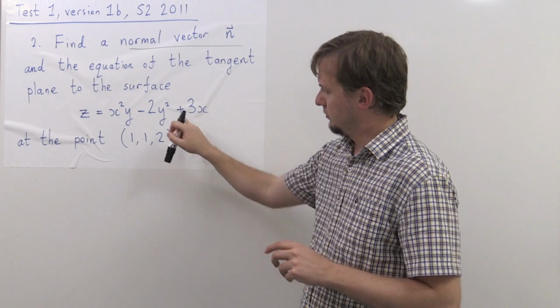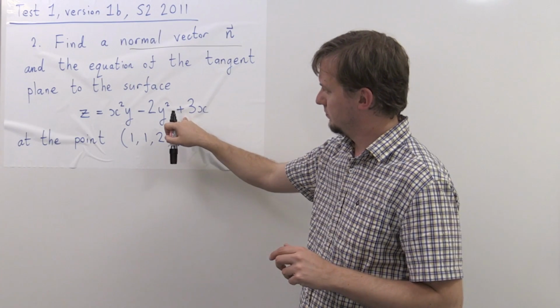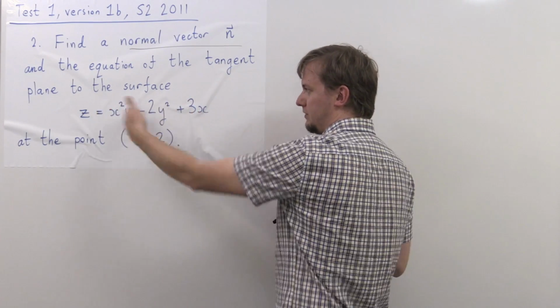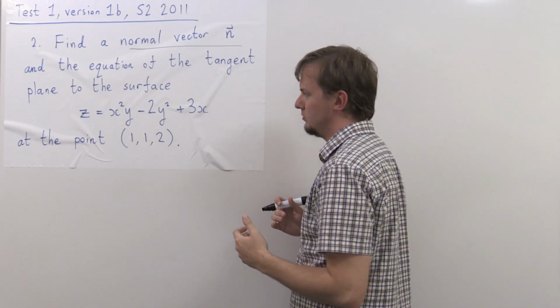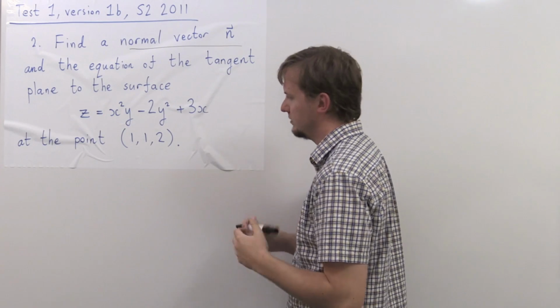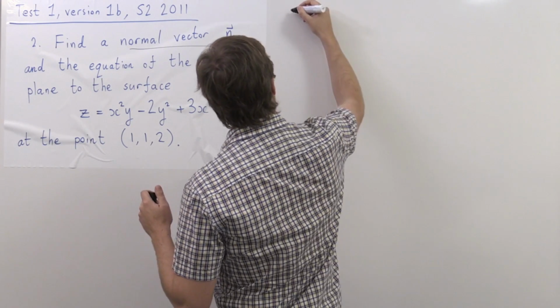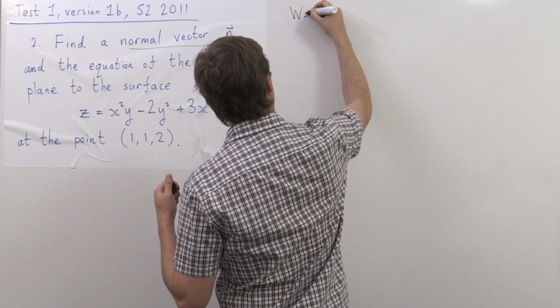The technique I'm going to use here is one I like because it's a bit more general. It doesn't just apply to functions of this form, it applies to more general implicit equations. I'll start this way.